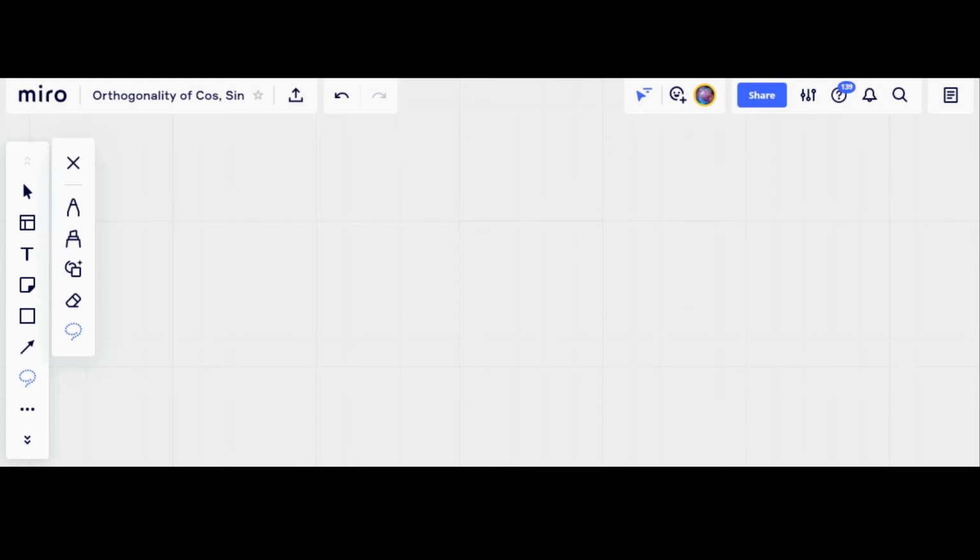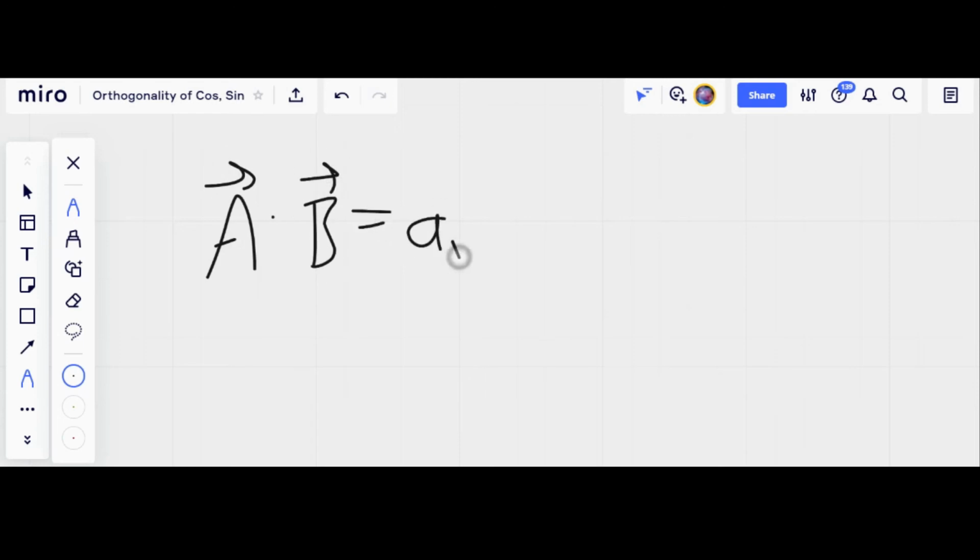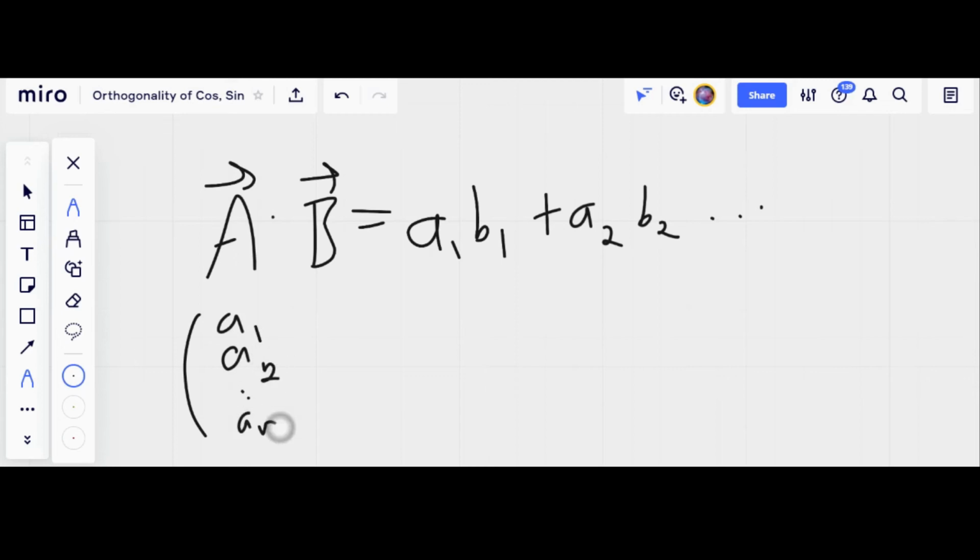Let's review this idea of a dot product between two vectors in space. A dot B is just equal to A1 B1 plus A2 B2 and so on, where A is some vector in some n-dimensional space and it has n components, and B is also some vector with n components.